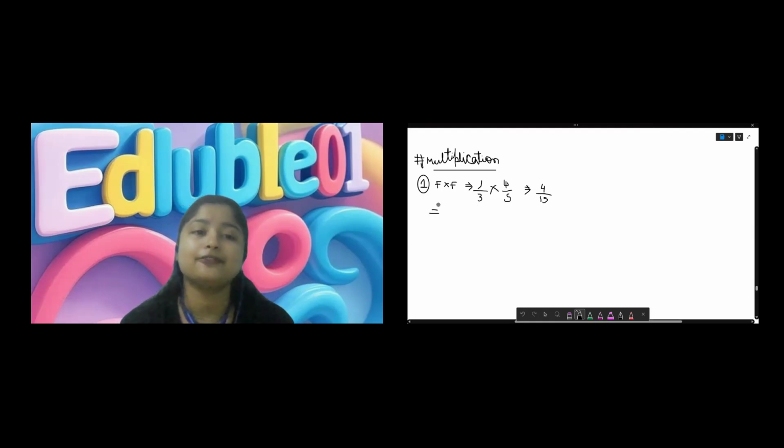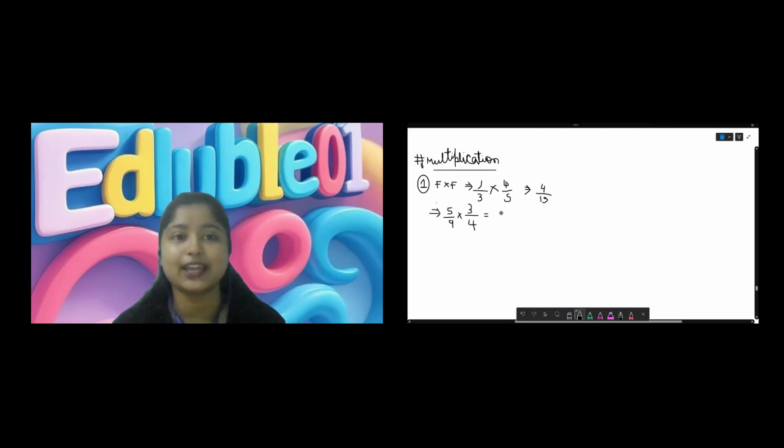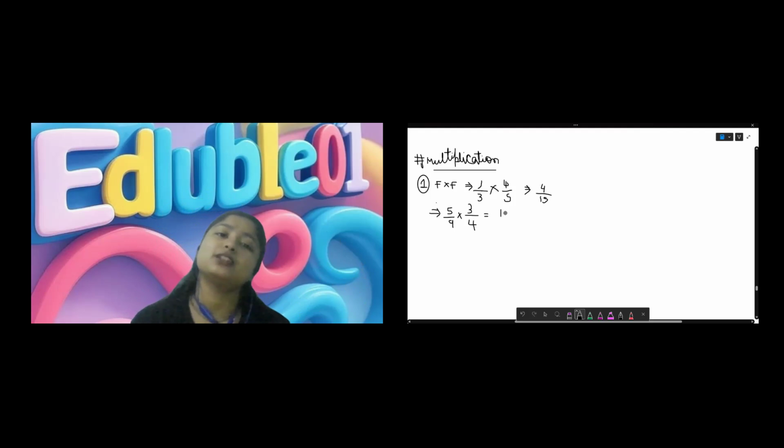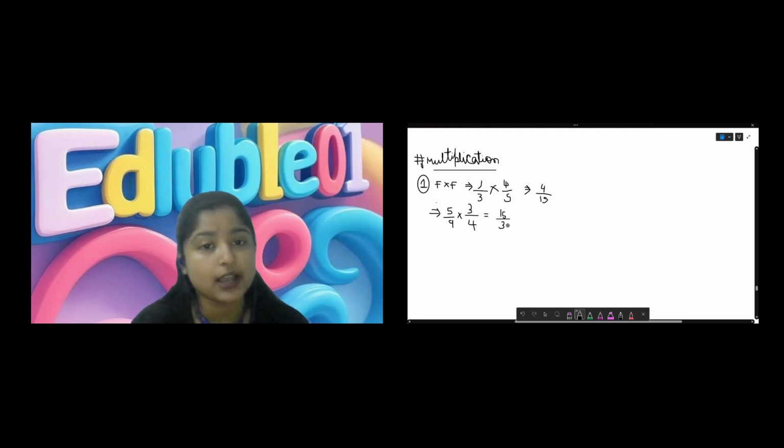So if we have 5 over 9 times 3 over 4, what is going to be the answer? Simple multiplication. That's 5 times 3, 4 times 9 or 9 times 4. That's your answer.